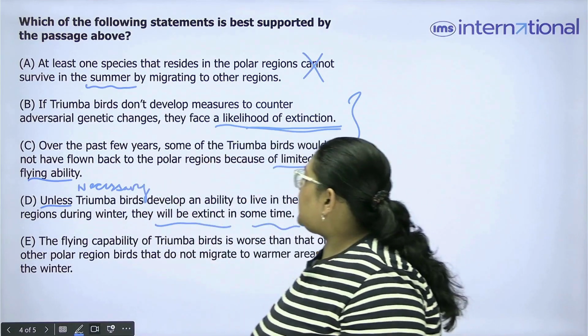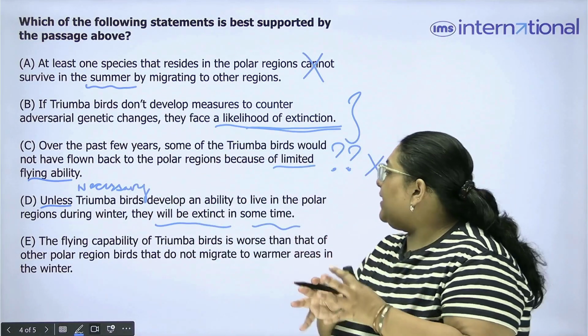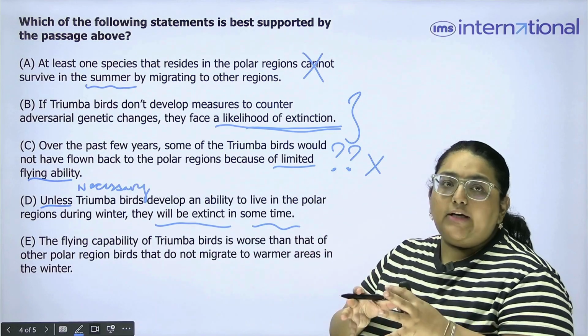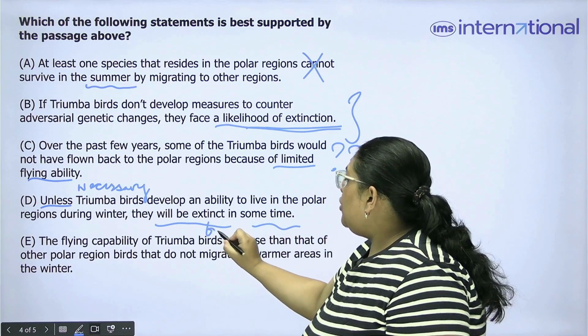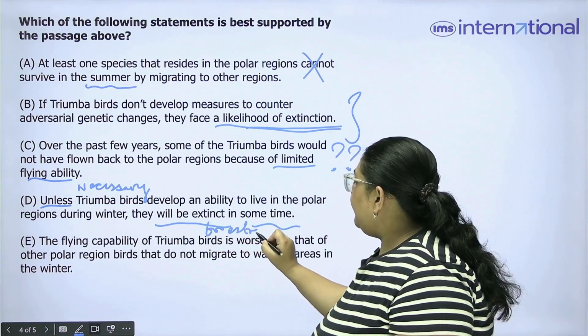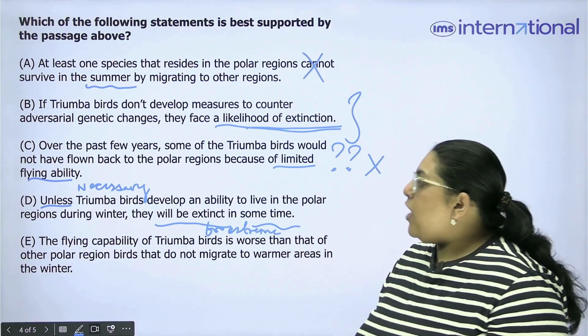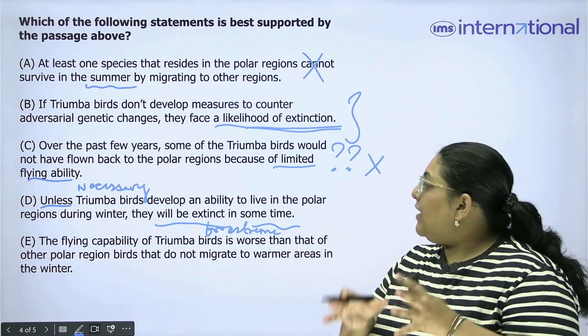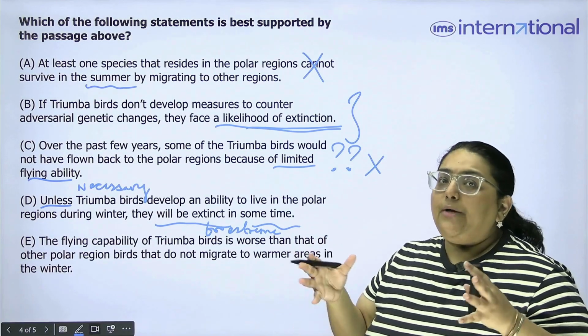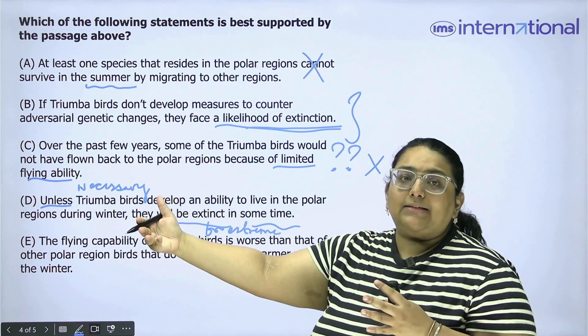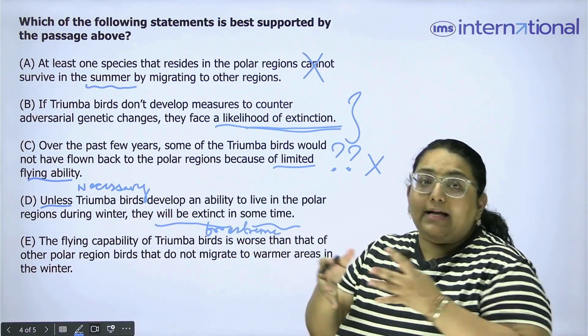That unless they are able to develop an ability to live in the polar regions, they will be extinct. Will be again is too extreme. So until and unless they develop an ability to survive in the harsh climate, because of the decreasing capacity to fly, they will be extinct.